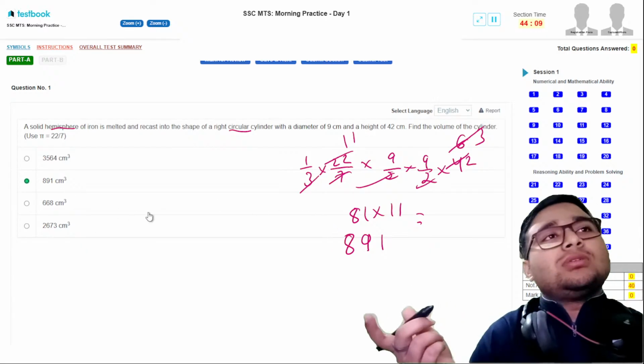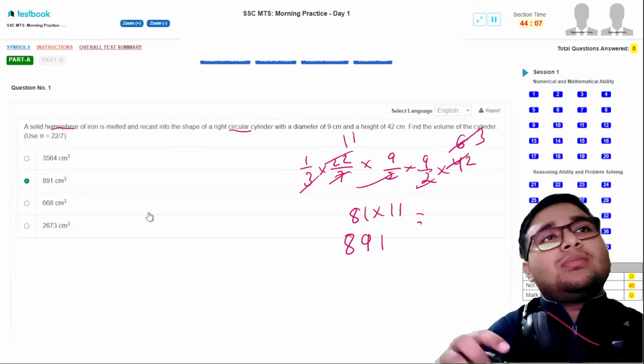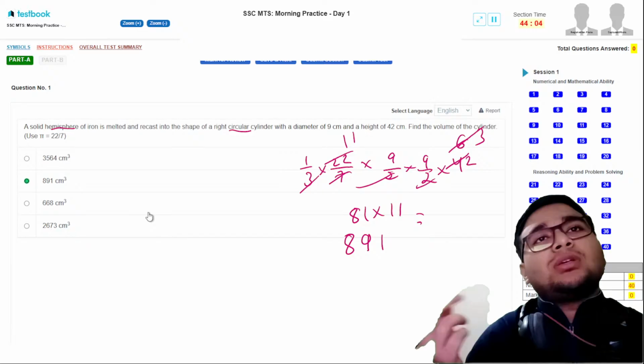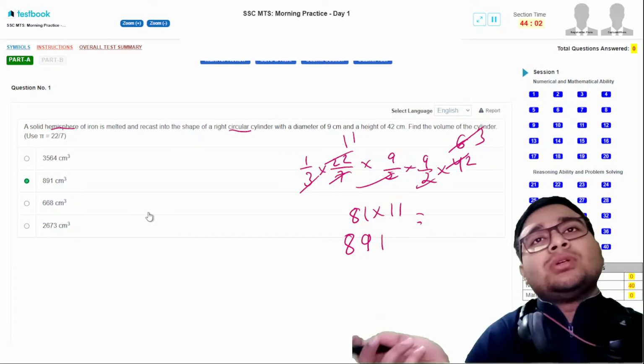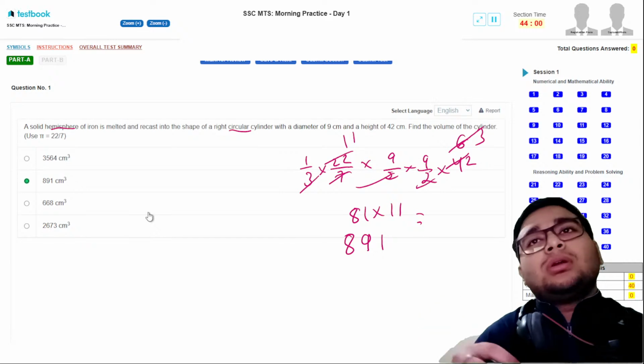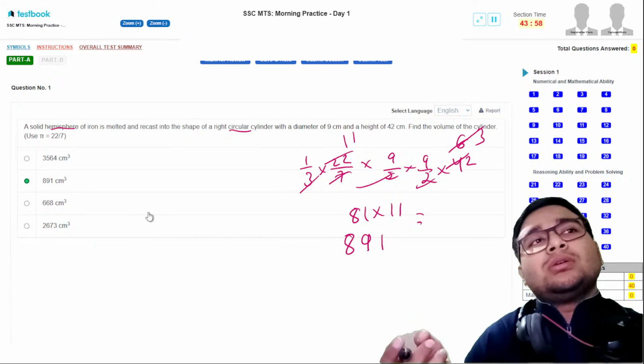A hemisphere is finally melted into the cast right circular cylinder with a diameter of 9 centimeters, and the volume of the cylinder. Right?